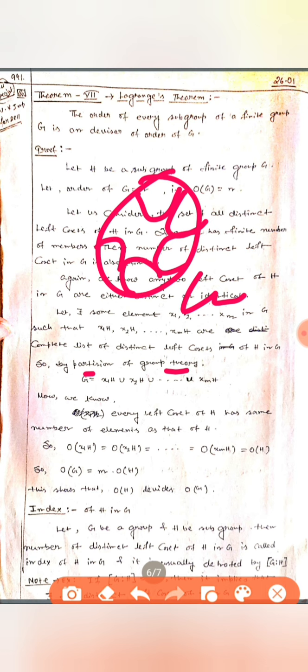Then you can write G equals x1H union x2H union dot dot dot union xmH, as G is the addition of all left cosets.